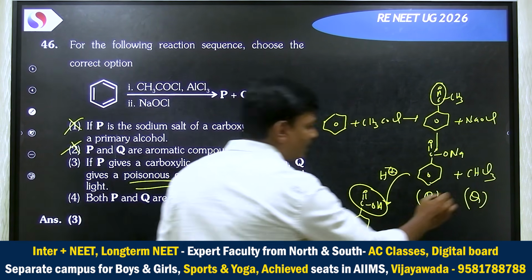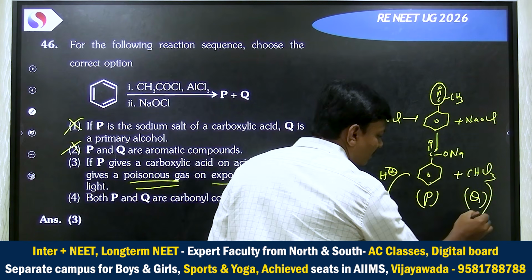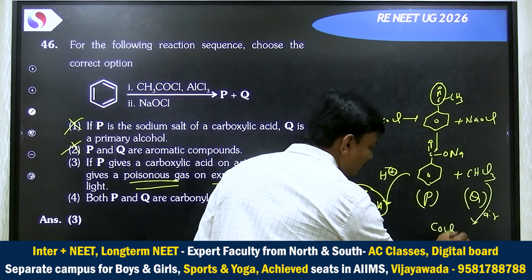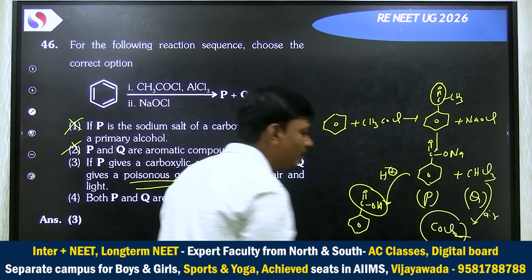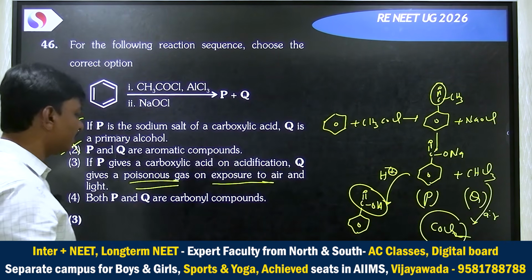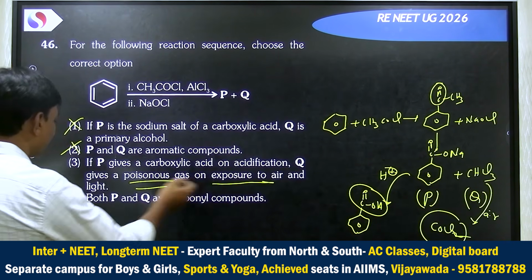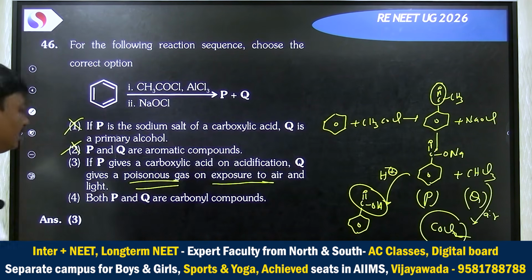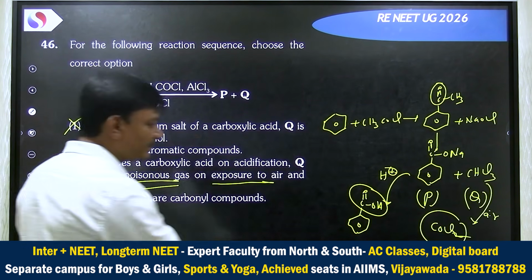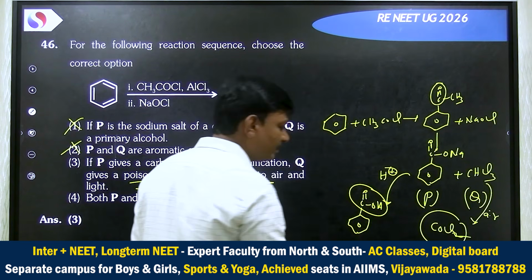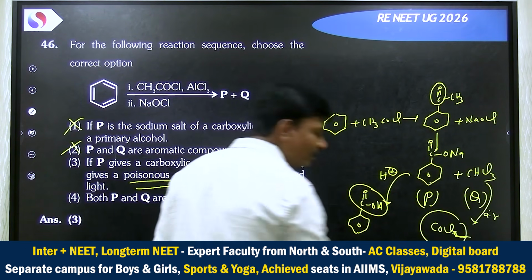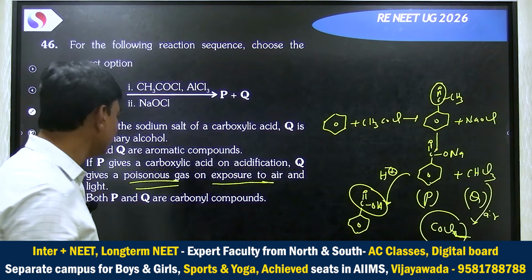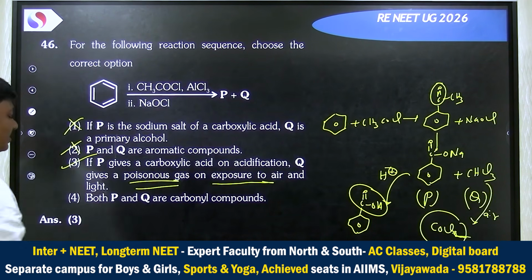Here Q is chloroform. When it is in contact with air, then we get COCl2. COCl2 is phosgene, a poisonous gas. So Q gives a poisonous gas on exposure to air and light, it is correct. COCl2 will be a poisonous gas. Its name is phosgene. So the third option will be the correct option.